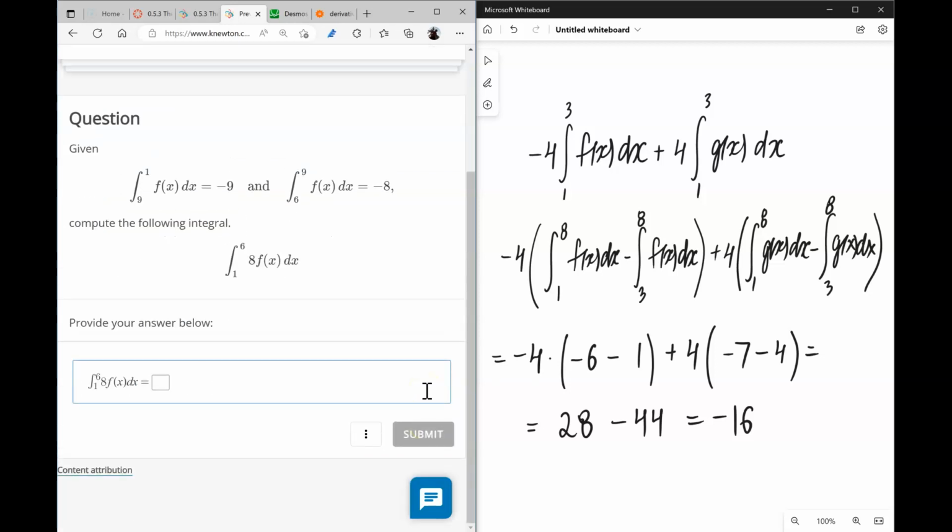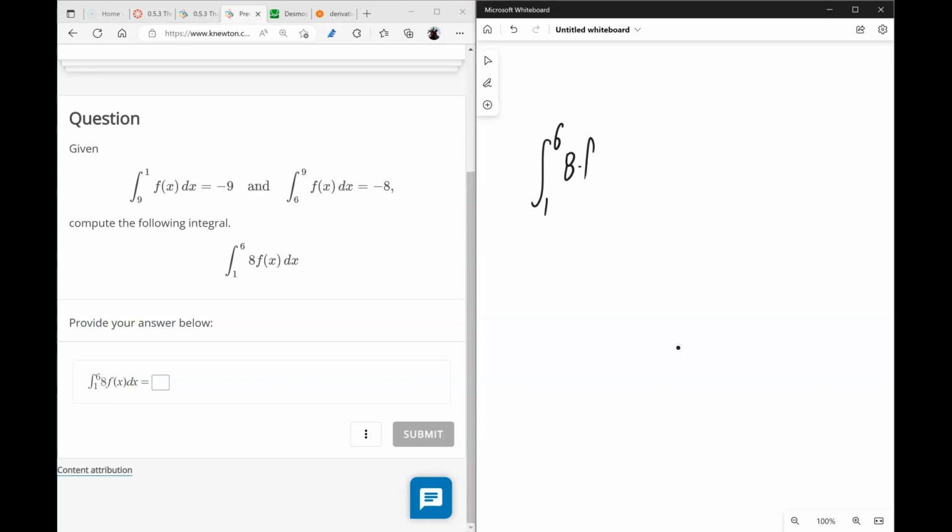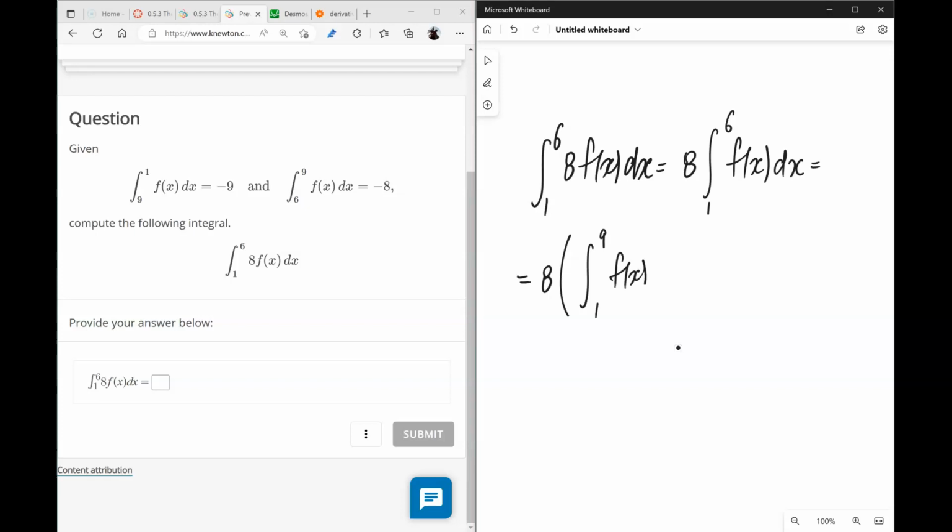All right, the next problem is just using the linearity. Integral from 1 to 6 of 8 f of x dx is simply 8 times the integral from 1 to 6 f of x dx, but integral from 1 to 6 is integral from 1 to 9 minus integral from 6 to 9.